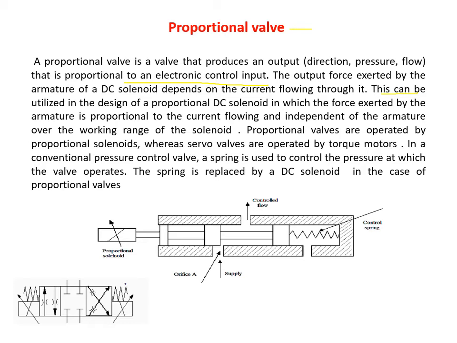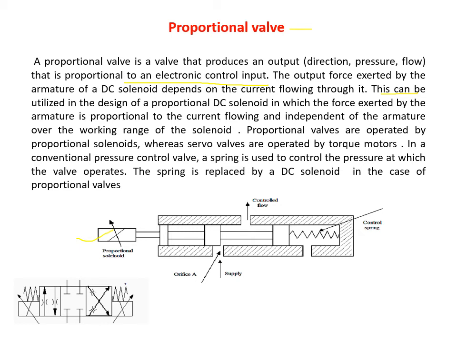So there is a solenoid, you can see in this diagram, which is energized by a simple pulse of electric current. This can be utilized in the design of a proportional DC solenoid in which the force exerted by the armature is proportional to the current flowing and independent of the armature position over the working range of the solenoid.